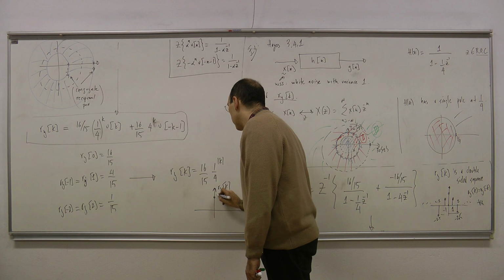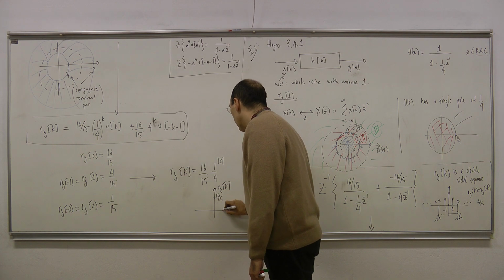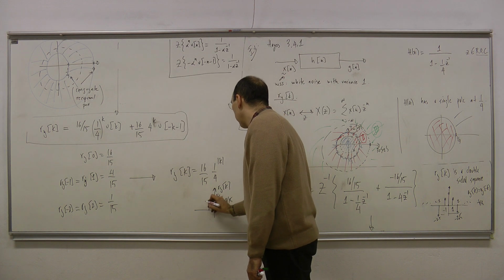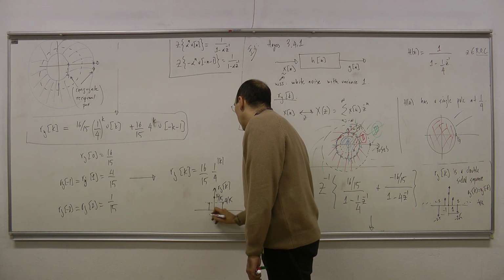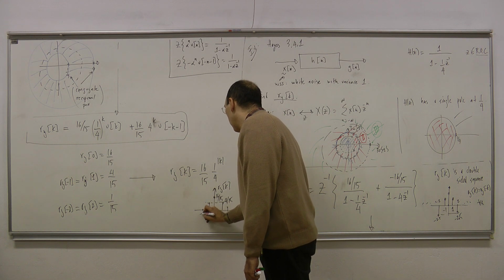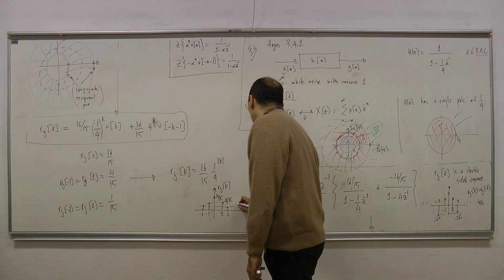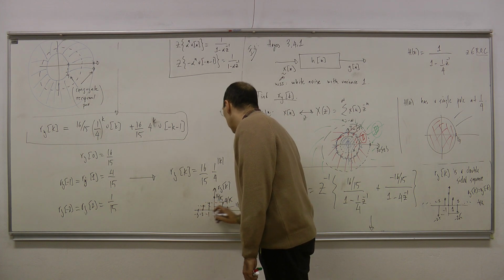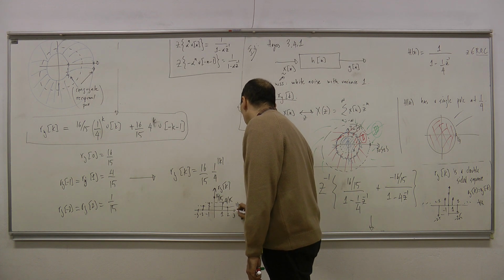If I sketch this, 16 over 15, this is 4 over 15, at 1 and minus 1. This is 2 and minus 2, 1 over 15, and it goes like this, 3 and minus 3.